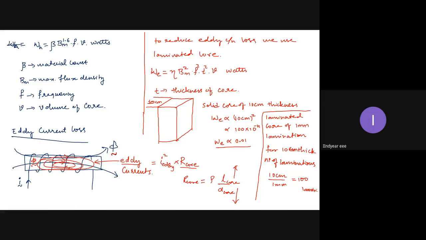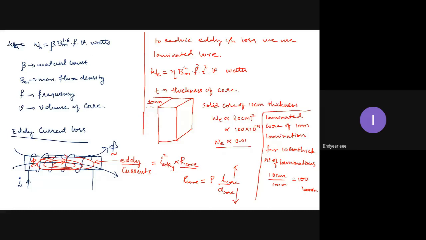Are you getting the things? Are you connected? Yes. Okay. So first what I did, I took a core of thickness 10 centimeter. Now I want the same 10 centimeter thickness core, but instead of using a solid 10 centimeter material, I will make the slice such that each slice is of 1 millimeter, and I will stack 100 such slices to make 10 centimeter thickness.